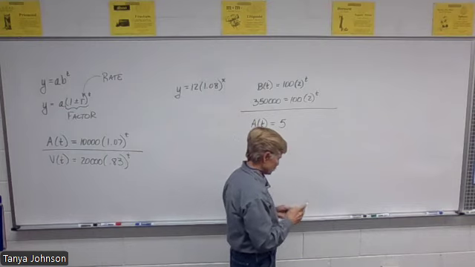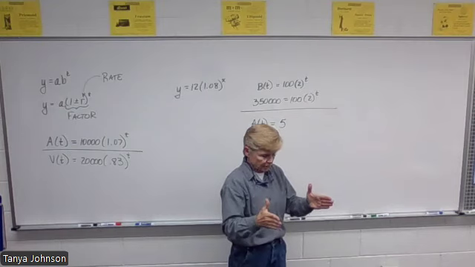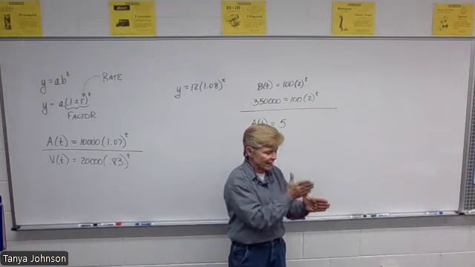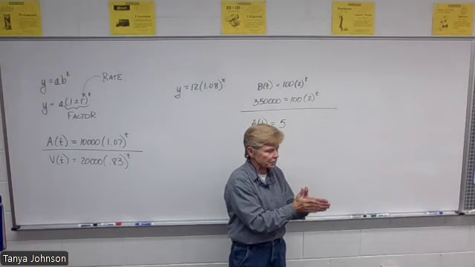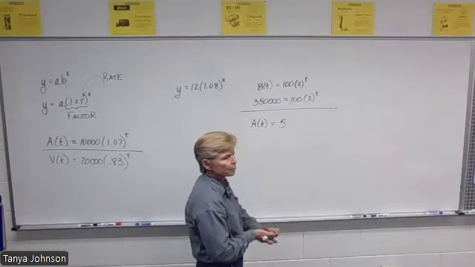If you have this much radioactive substance, then after 1 half-life, it'll have this much. And then after another half-life, it won't go to 0, it'll have half of that. And after the next half-life elapses, you'll have half of that. Do you understand? So what's the factor we're going to use over and over again? 1/2.